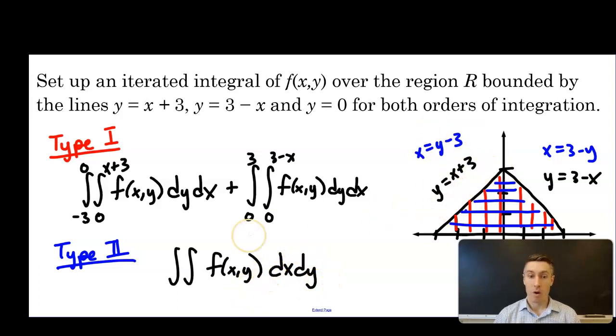On the left, we're going from y minus 3 to, on the right, 3 minus y. And then on the y-axis, we're going from 0 to 3. So that's another important reason to be able to identify regions as both type 1 or type 2. We could do both here, but type 2 sets us up for a much easier problem, because we're only doing one double integral as opposed to two.